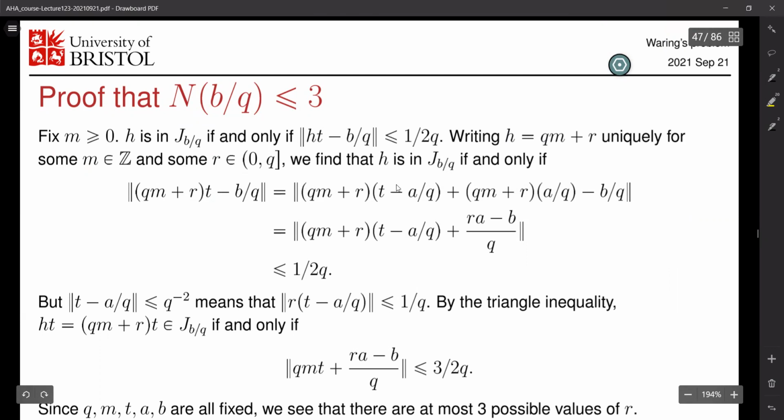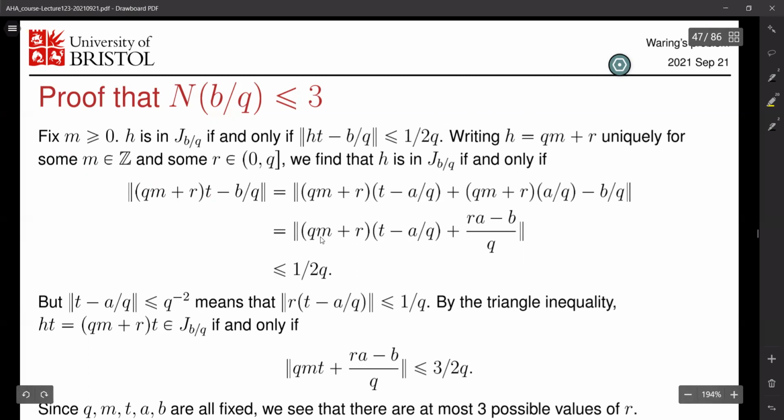Well, we throw in a factor that we're going to add in 0, and we're going to add it in a nice way. Our condition on t is how close it is to a over q. So having written h in this form, we're going to write t as how close it is to a over q, and then the contribution coming from a over q. That's what these 2 terms cancel each other out.